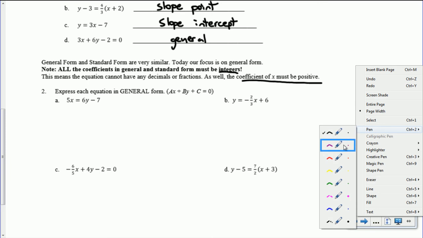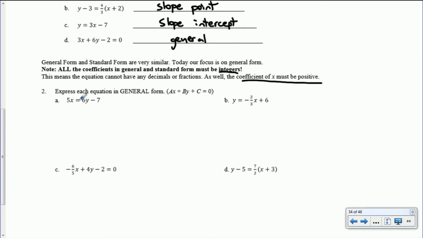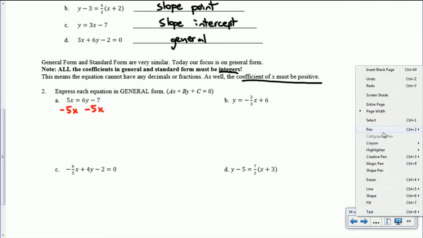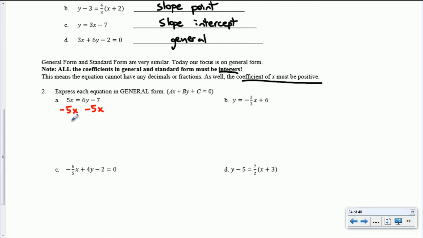So this first one, 5x plus 6y equals 6y minus 7. In order to get it into general form, I need to just set it equal to 0. So maybe don't write this yet. I think probably the easiest way for me to accomplish getting that equal to 0 is by subtracting 5x from both sides.